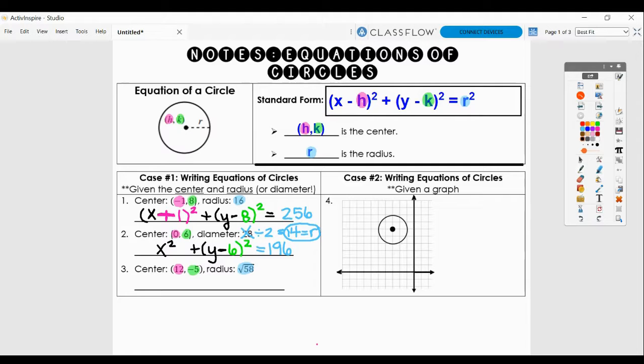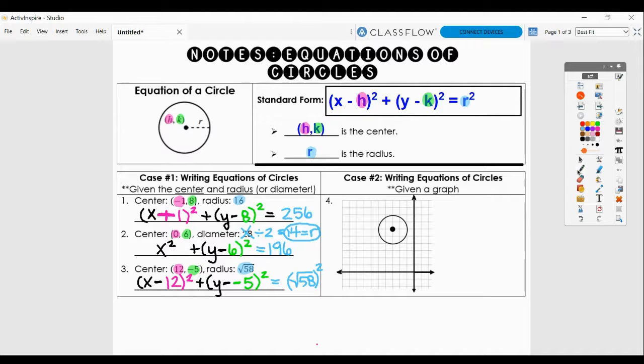So we go ahead and start our standard form, parentheses x minus h, which in this case is 12, squared, plus, between the parentheses, start the next one, y minus -5, which is our k here. Then close the parentheses and square it. That will all be equal to our r squared, the square root of 58 squared.